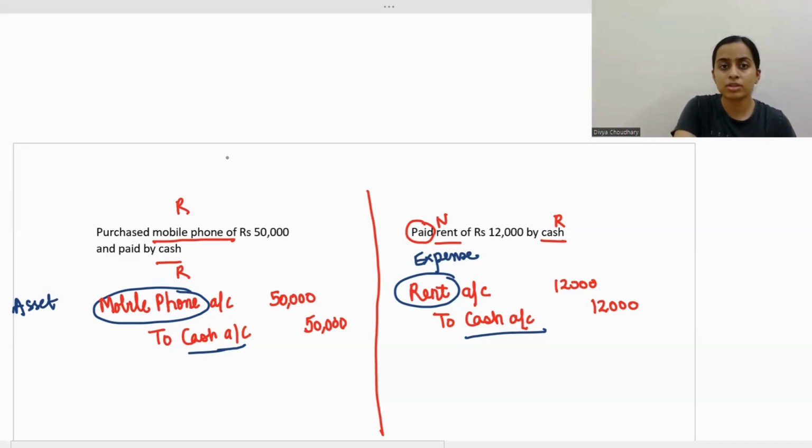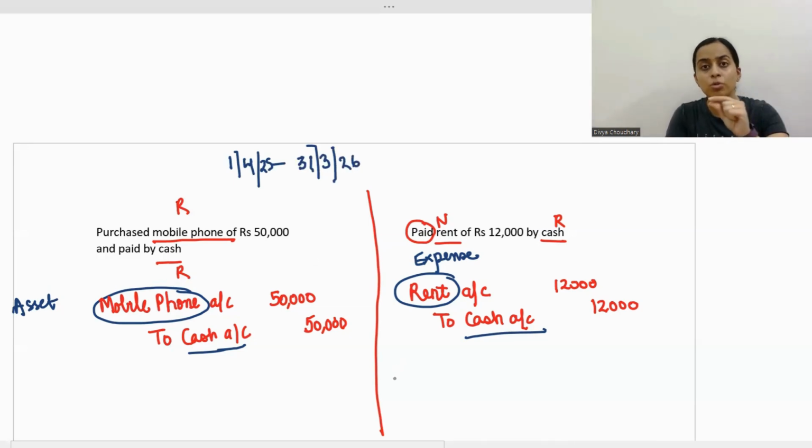We make financial statements from 1st April of any year, let's say 25, till 31st March of 26. So if we have used mobile phone for this period, on 31st of March of 26, we're not going to destroy the mobile phone. We will keep it with us and use it in the next period, right?